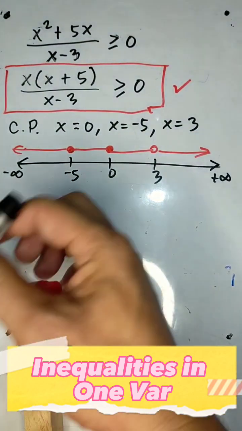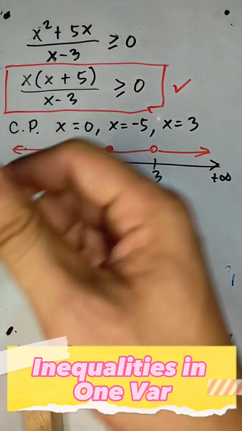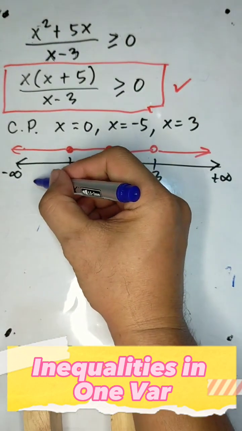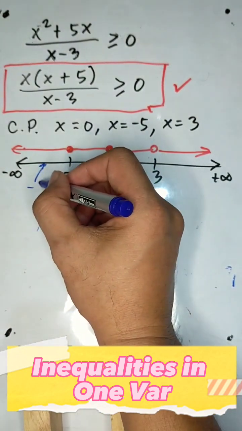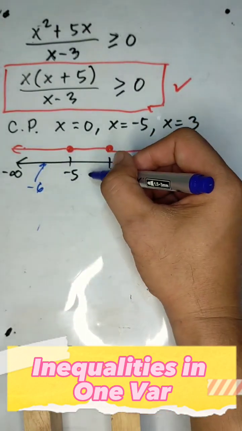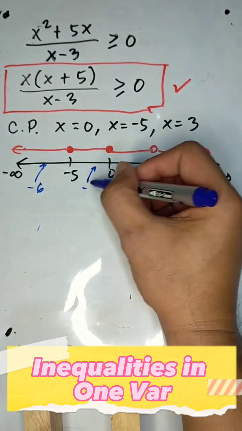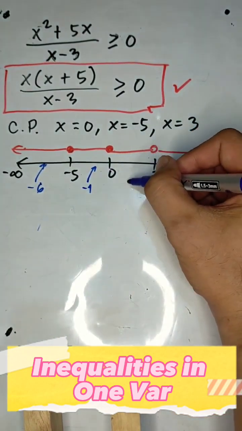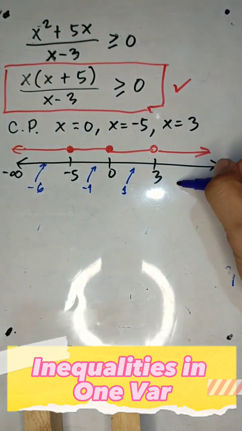Let's now do the test points. Let's pick a test point in the first interval: negative 6, negative 7, negative 8. You could pick any. I'll pick negative 6. Here I'll pick negative 1, easy. In this one I'll pick 1, easy. And here I pick 4.